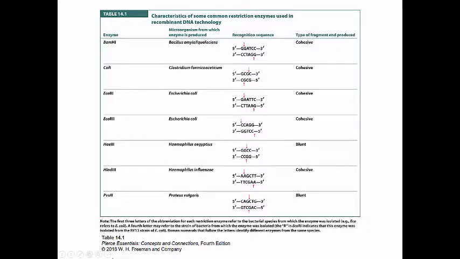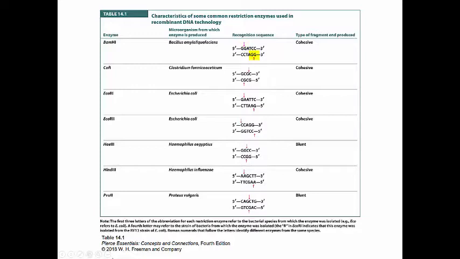So this table here is not anything that you need to memorize, but I'm showing it because it shows examples of some of the commonly used restriction enzymes, and you can see some of the features here. We have 5 displayed here that show the cohesive or sticky ends, and they're going to be making the cut at a different place on one strand of DNA from the other strand.